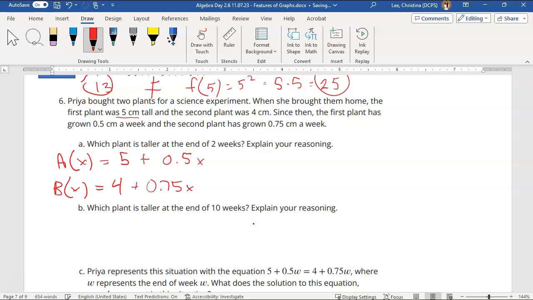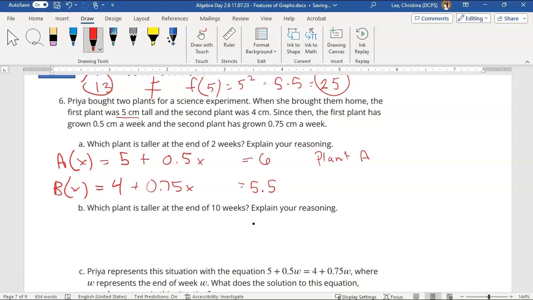So at the end of 2 weeks, if I substitute this 2, I would get 5 plus 1 equals 6. And at the end of 2 weeks, 0.75 times 2 gives us 1.5, plus 4 is 5.5. All right. So in this case, plant A is taller. And you're showing your reasoning here by showing your math.